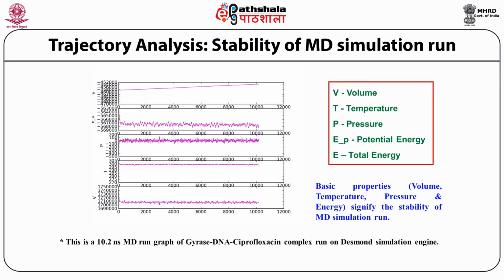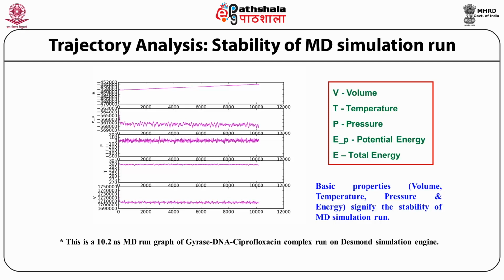It has to be analyzed for equilibration pattern and stability of the MD run. This is a 10.2 nanosecond MD run graph of a DNA guided ciprofloxacin complex run on the Desmond simulation program. Properties under observation in this case include volume, temperature, pressure, potential energy, kinetic energy, and total energy of the simulation system.